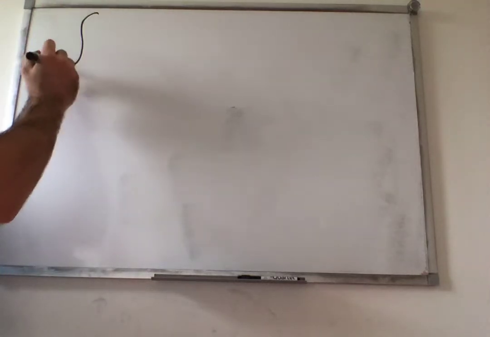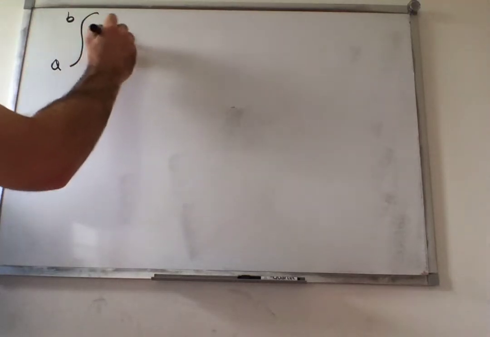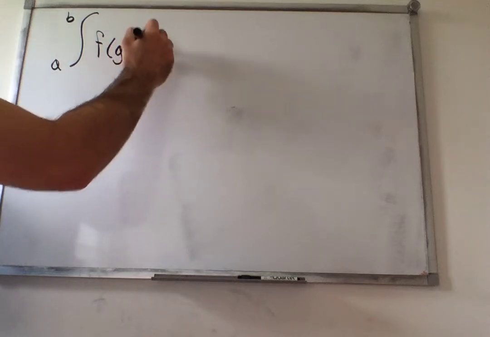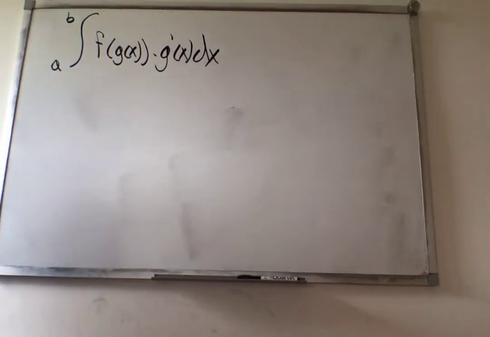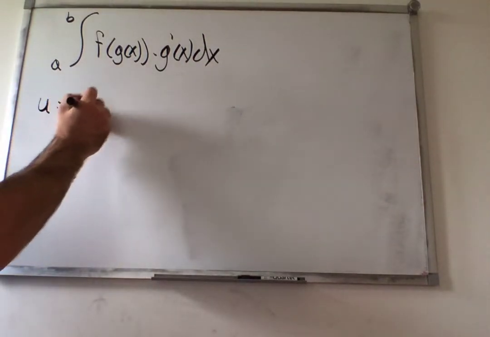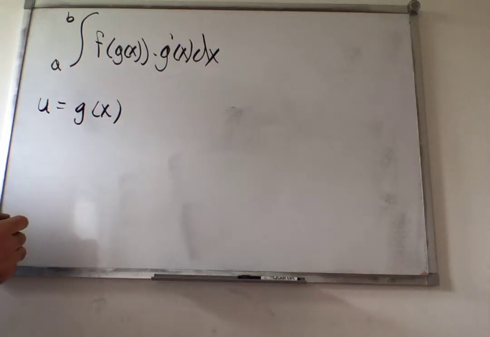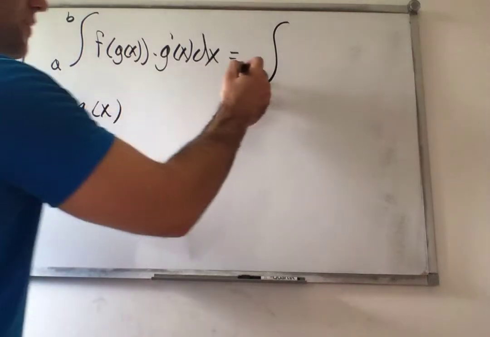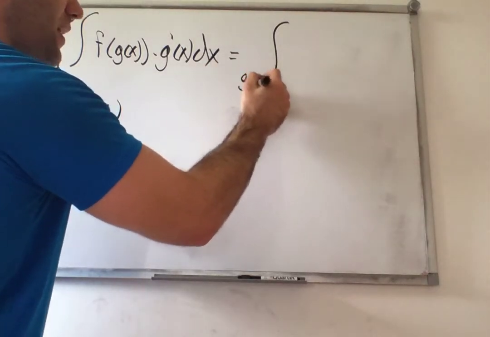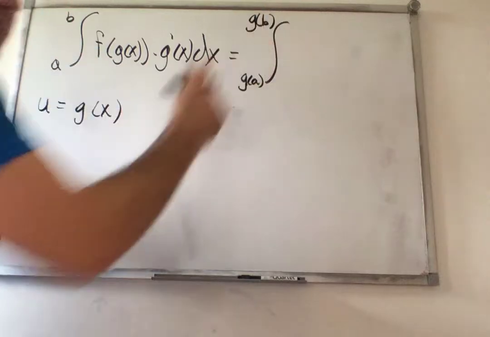So the substitution rule for definite integrals is very similar to normal integration. What this is saying is if we're integrating from a to b now of f of g of x times g prime of x dx, when we make this substitution u is equal to g of x, and we write our limits of integration here, the lower one is going to be g of a, the upper one is going to be g of b.